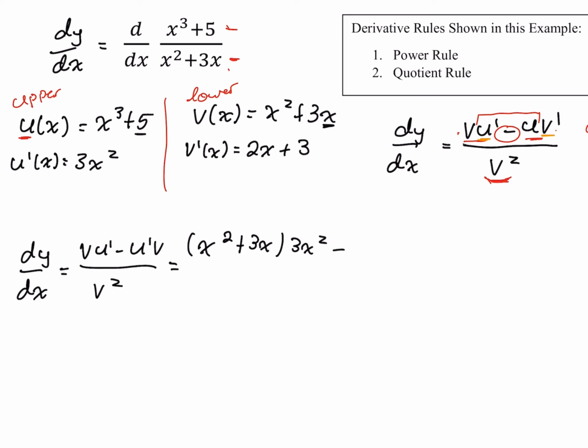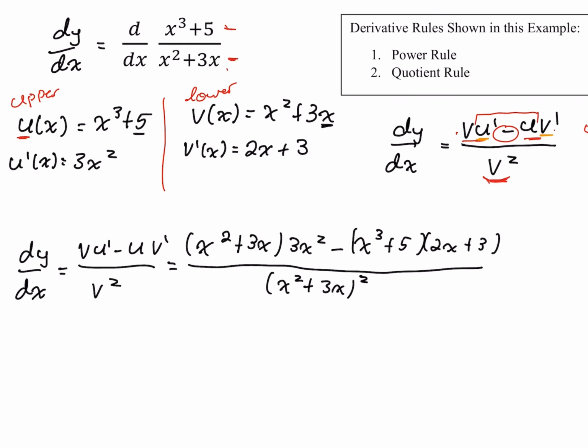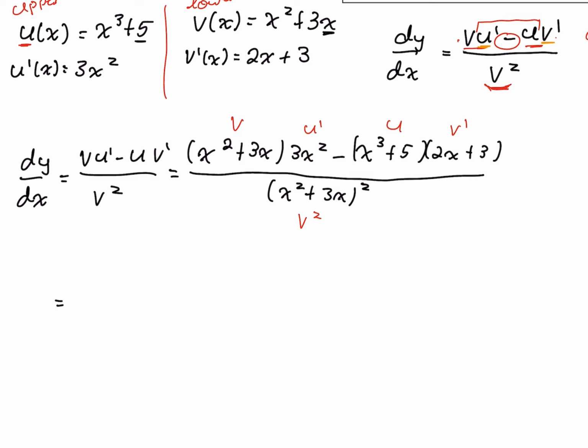I wrote this wrong, so u is equal to x cubed plus 5, and v prime equals 2x plus 3. And we're going to put this over v squared. So once again, we have vu prime and uv prime over v squared once we plug that into our equation. I'm going to go ahead and distribute these.